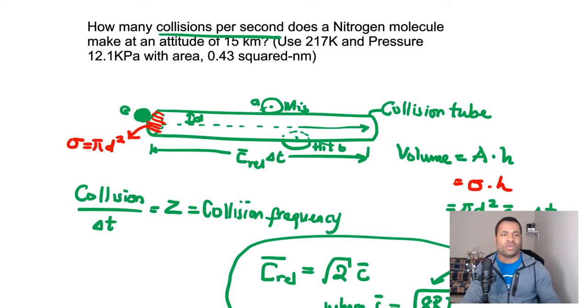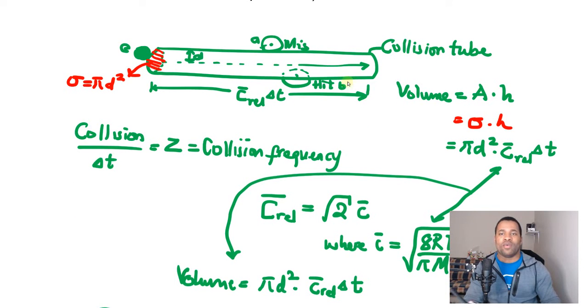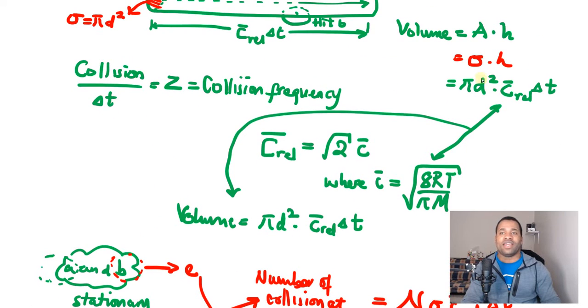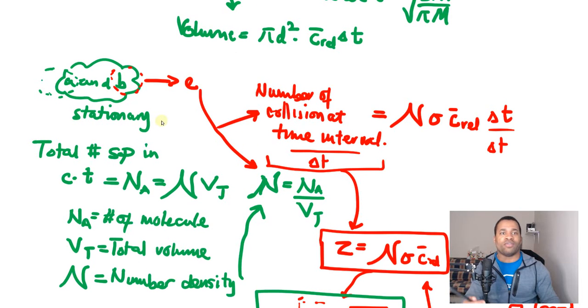In our previous video we looked at how to determine the collision frequency, which is represented as Z. We had to take into consideration the volume of the collision tube, and then we arrived at using our relative mean speed to determine various other variables, like the gas constant, the temperature, the molecular weight of that particular molecule, and the number of particles in a stationary region.